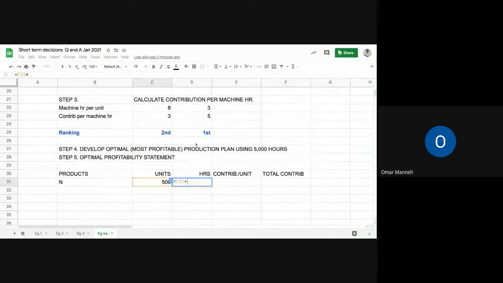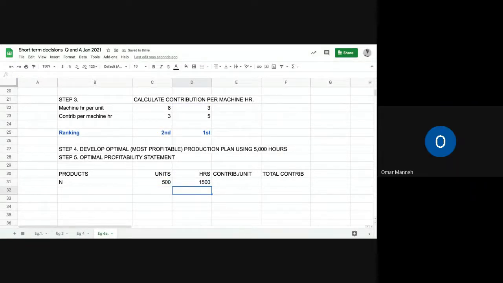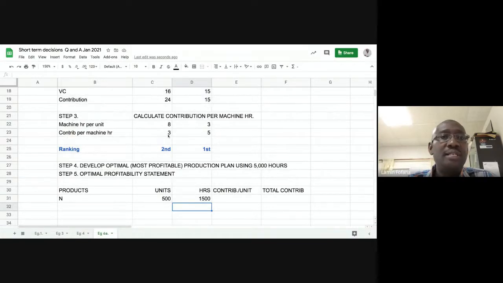Mr. Fofana, 3 here and we enter. Yes, sir. I think we already calculated this 1,000 on top also. Exactly. We used the results that are here already.